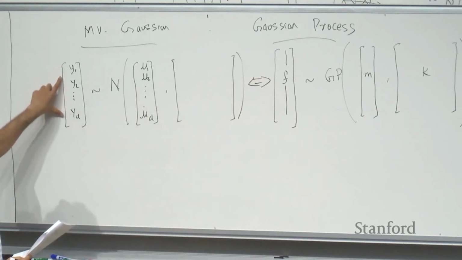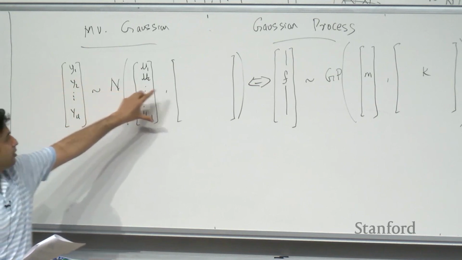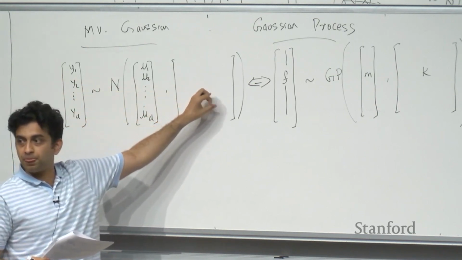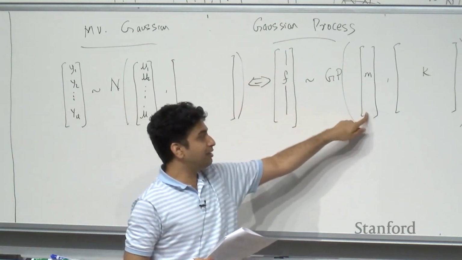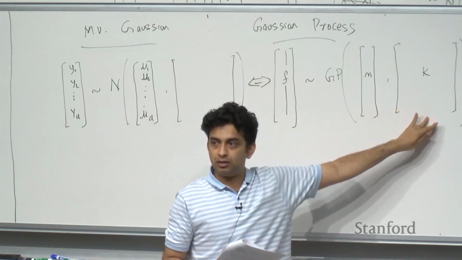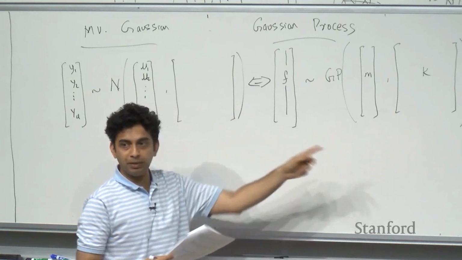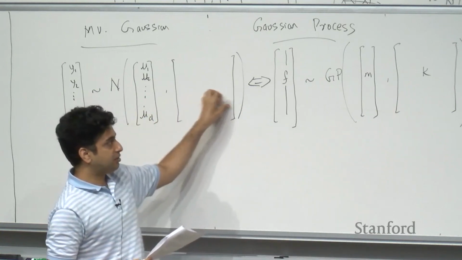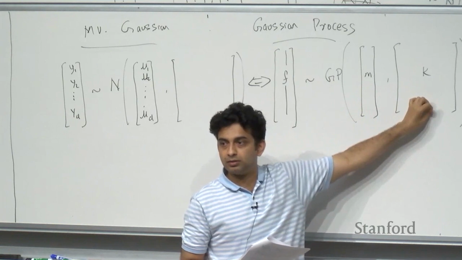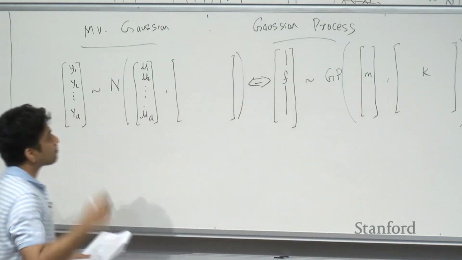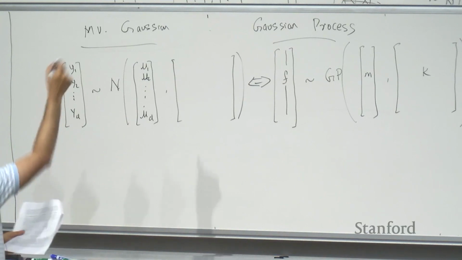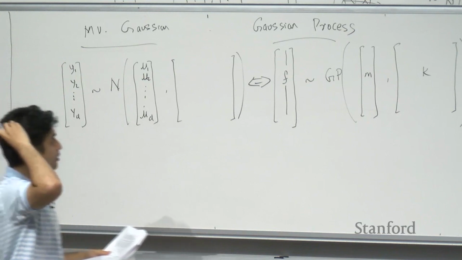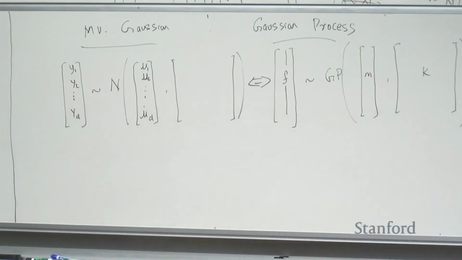In multivariate Gaussian, we had a vector which had a corresponding mean vector and a covariance matrix. In a Gaussian process, we have functions distributed according to a mean function and some kernel. There is a direct one-to-one mapping between positive definite matrices and kernel functions. Here we are now going to use properties 1, 2, 3, 4 to derive Gaussian processes for machine learning, or Gaussian process regression, in a pretty straightforward way.